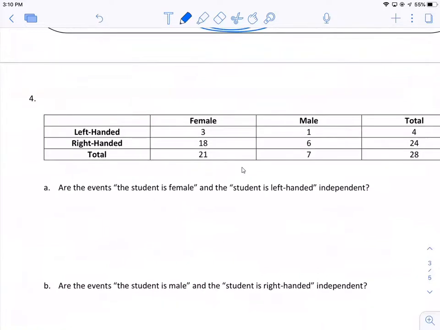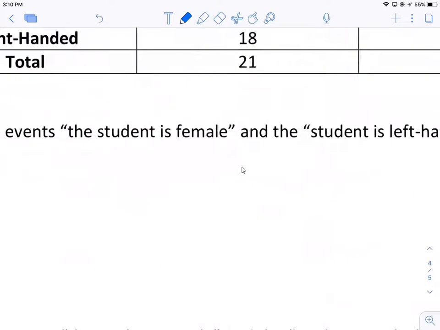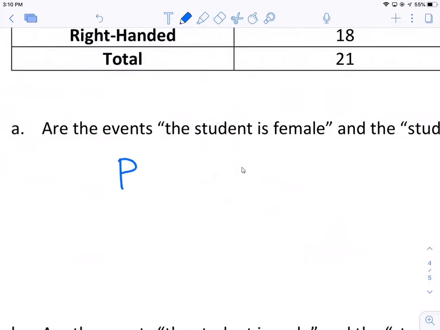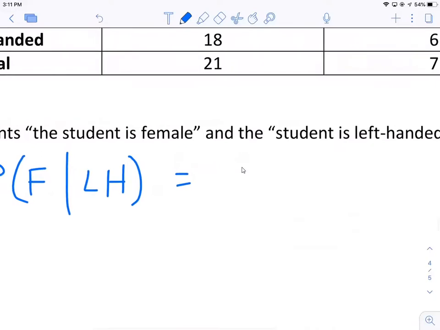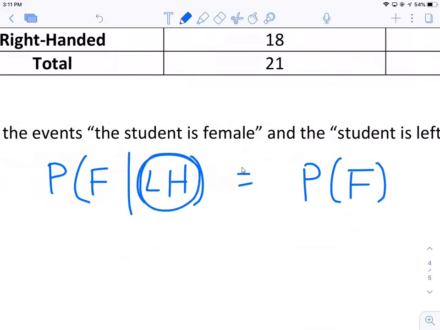So are the events, the student is female and the student is left-handed, independent? Well, if they are independent, then the probability that the person is female, given that they're left-handed, is going to equal the probability that they're female. In other words, this condition of being left-handed has no effect on the probability of that person being female.